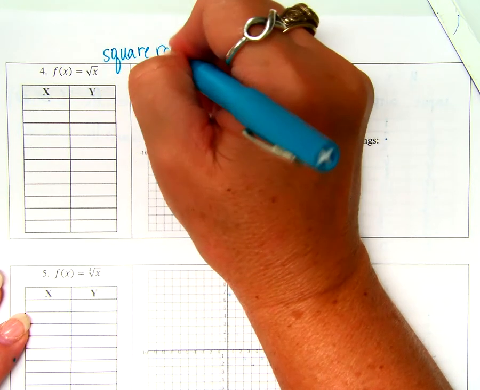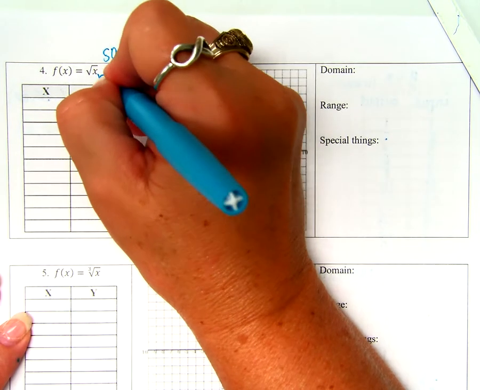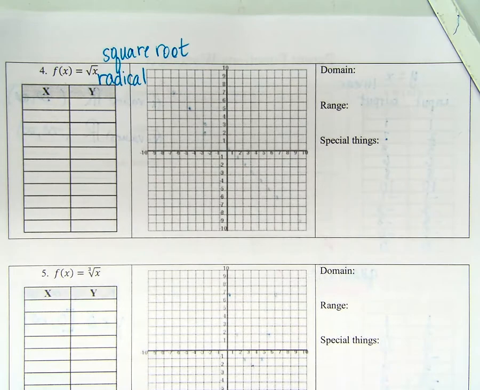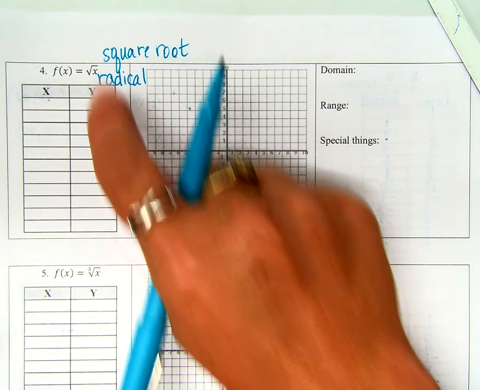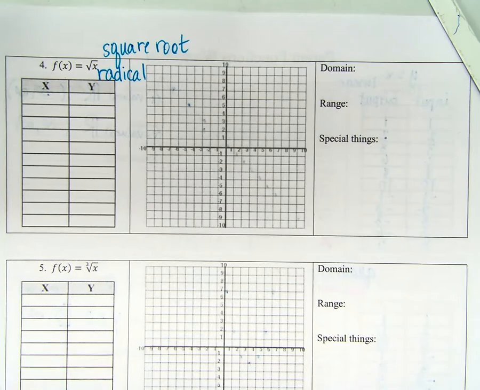But that's not the actual correct mathematical name. But I want you to have square root there because if you call it square root function, I'm going to know what you're talking about. But here's what it's actually called. Radical. This symbol that's over the x is a radical. That's what it's called. So it's a radical function.